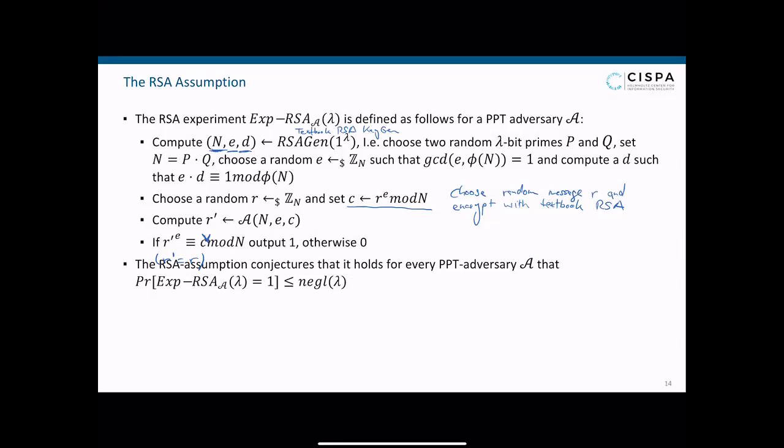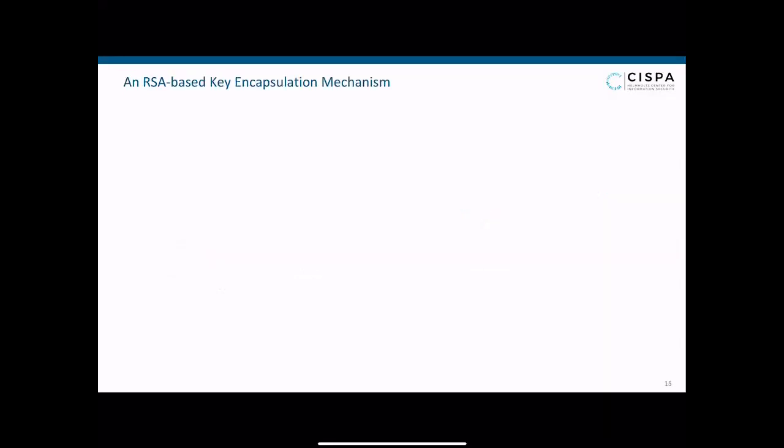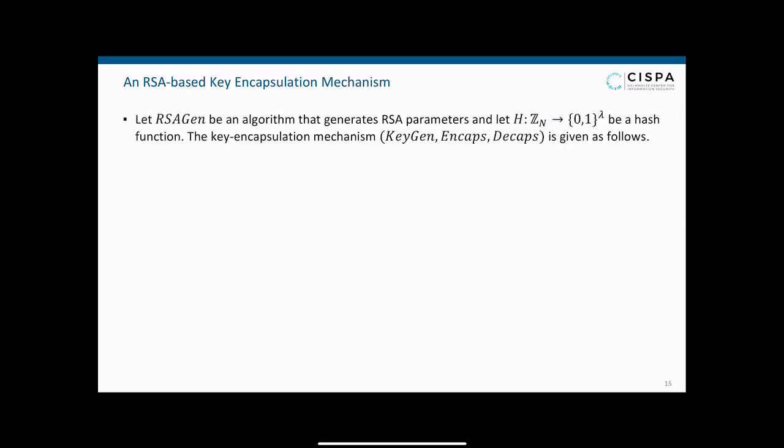Right, from this assumption, from textbook RSA just encrypting random messages, we're building a key encapsulation mechanism now. So again, we have our RSA gen algorithm, and now we have a hash function which maps from Zn to strings of length lambda.